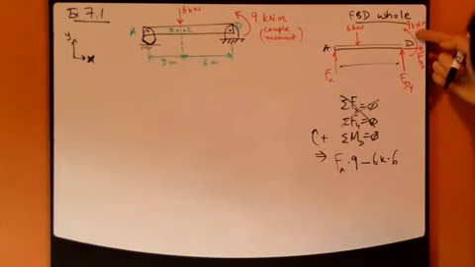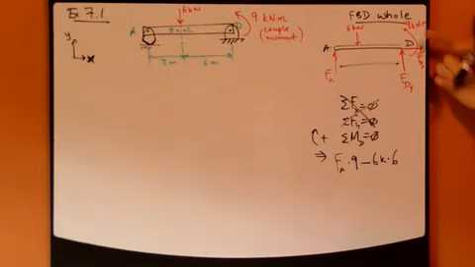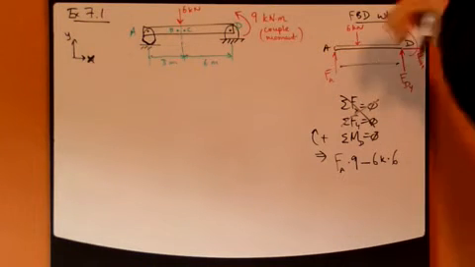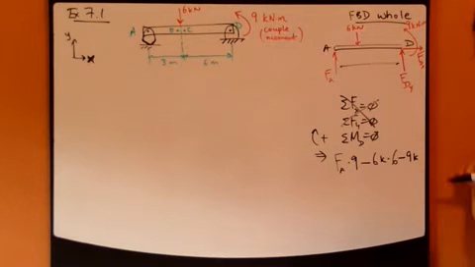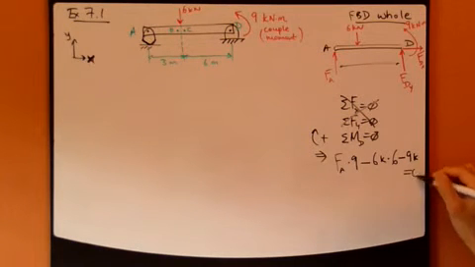And don't forget this applied moment, this couple moment, right? It's in the counterclockwise direction. That's why it's negative 9,000. And that's it. Equal to 0.